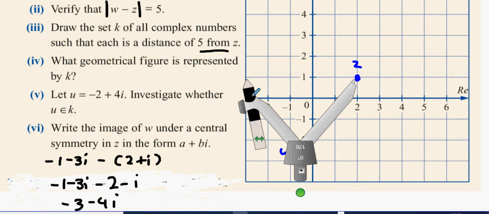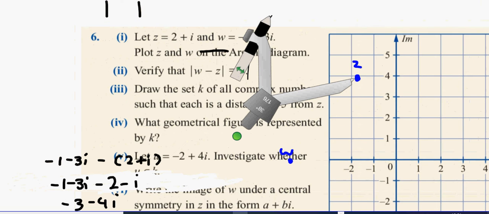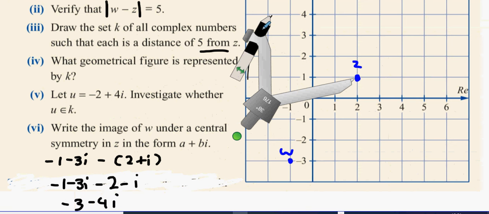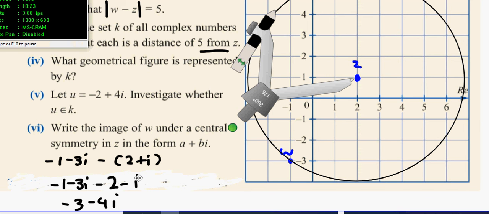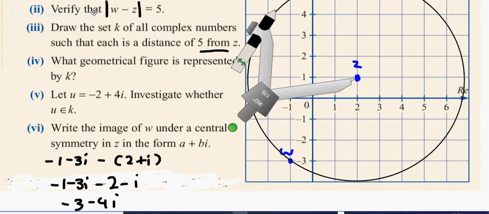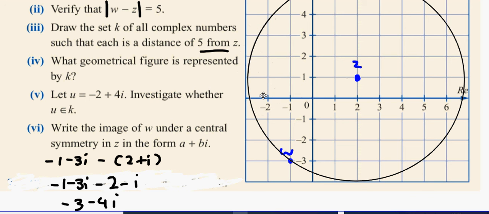Alright, let's see if I get this. This geometric figure represents all the points that are a distance of 5 away from point Z. Is that okay? The circle. What type of shape is it? It happens to be a circle.